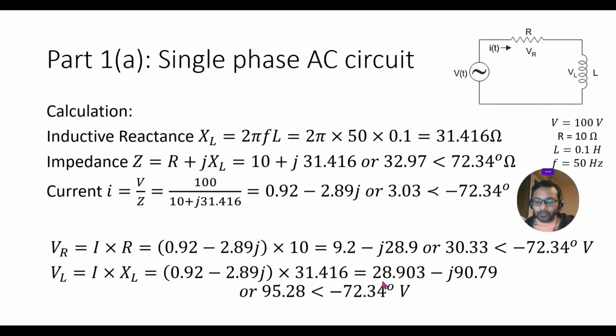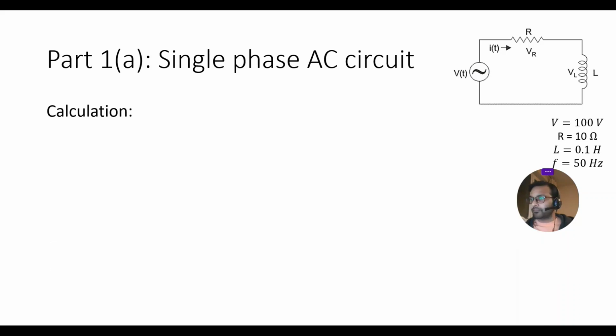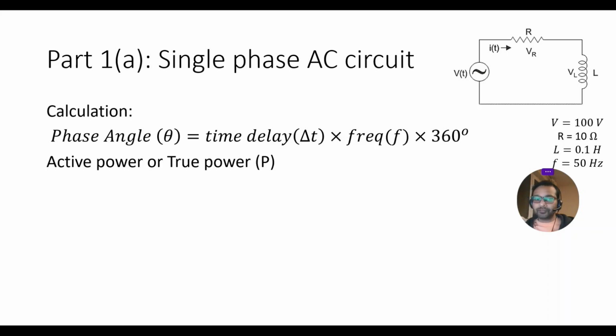Now this phase difference over here is coming out to be minus 72.34. If you convert it into a positive angle, that will come out to be 287.6 degrees. Now using this formula, we can calculate the time delay.